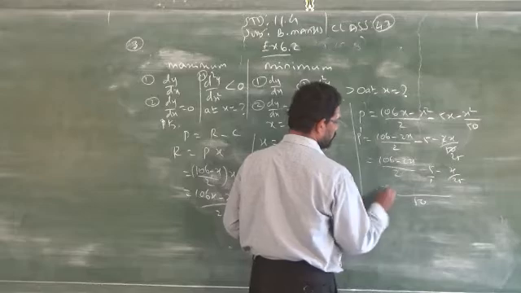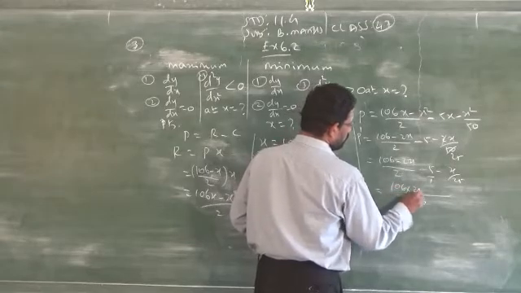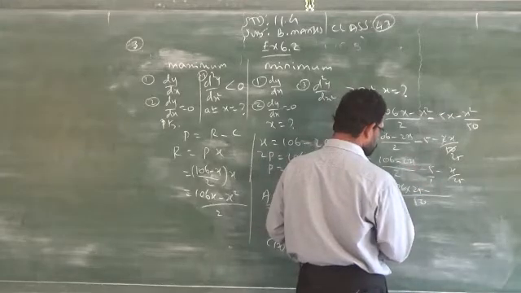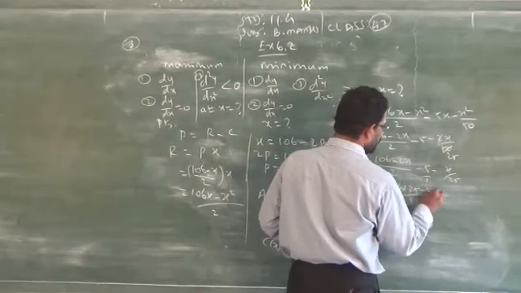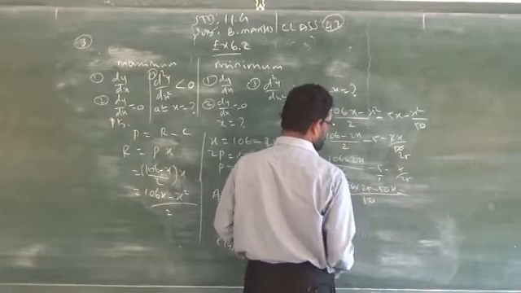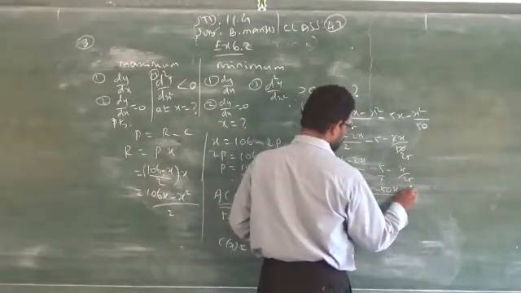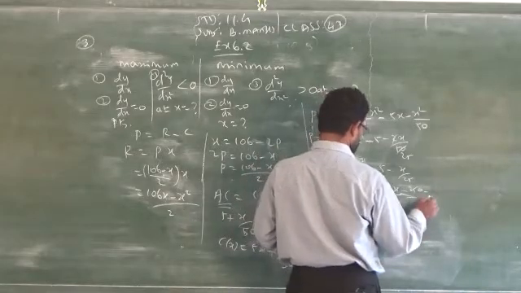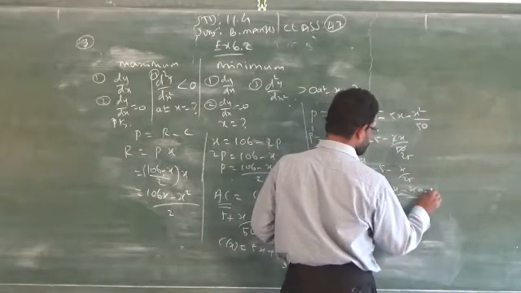So 106 into 25 minus 50 into 5, that is 250, minus 2X.